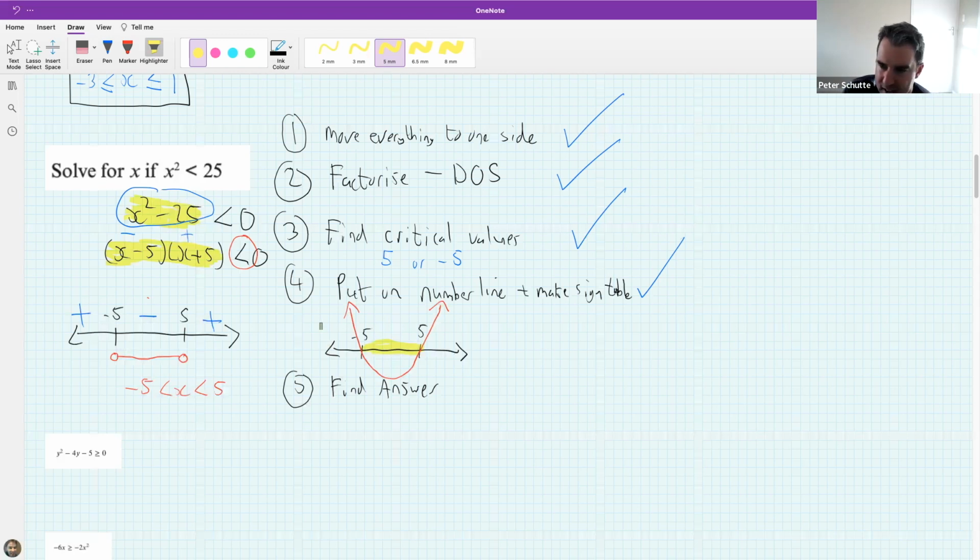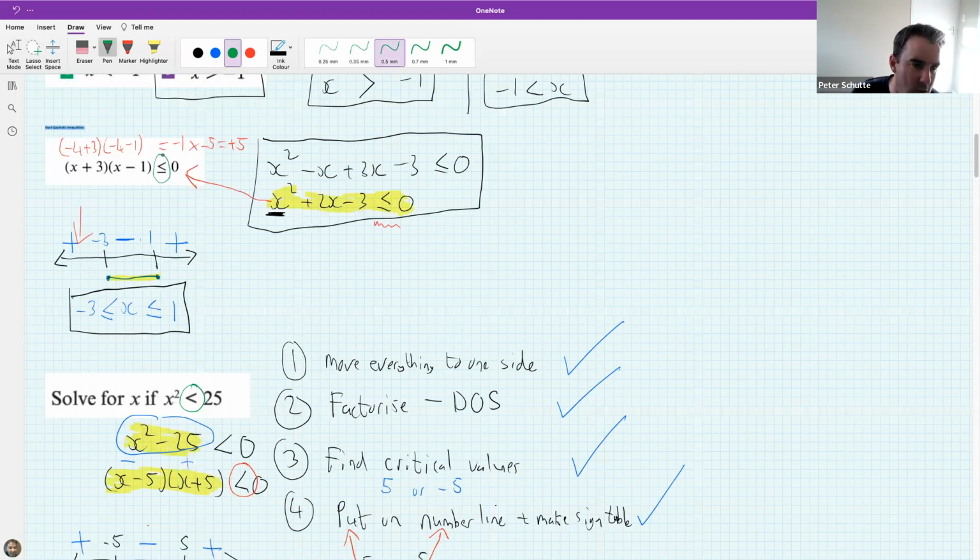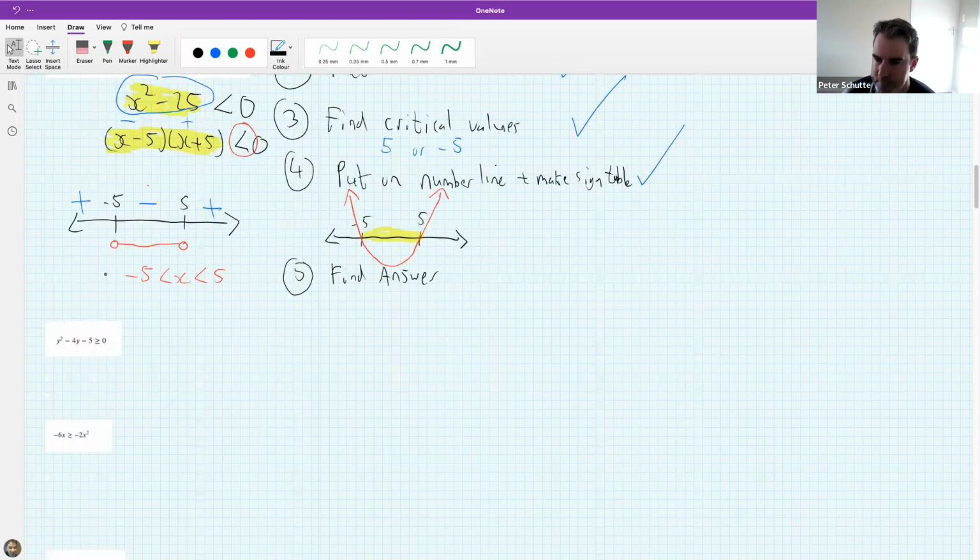Why is it an open bracket? Annie asked. Annie, the reason it's an open bracket here is that there is this less than sign. So we don't include, we strictly, it has to be negative. Whereas in the previous question, we had a less than or equal to. So that's why we had solid dots there and open dots here.